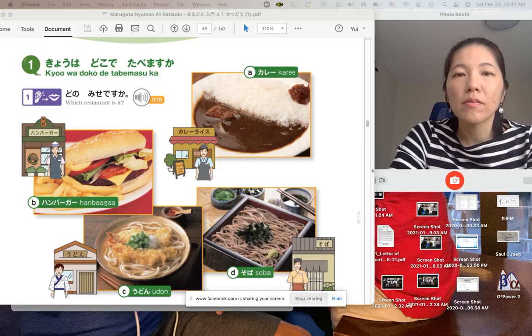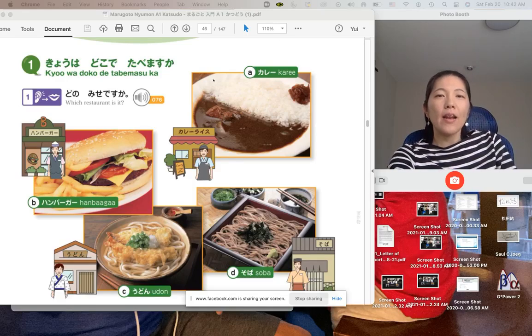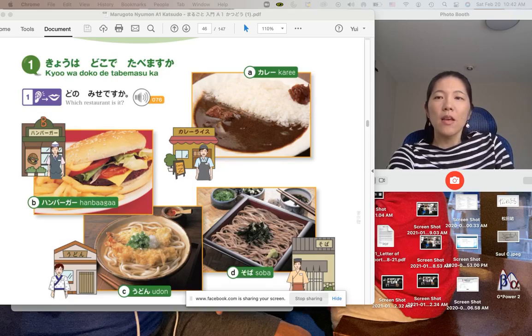A、カレーを食べます。I eat curry. You see, カレーを食べます. This is dark, but it's a little bit lighter yellow, especially when it's not spicy.